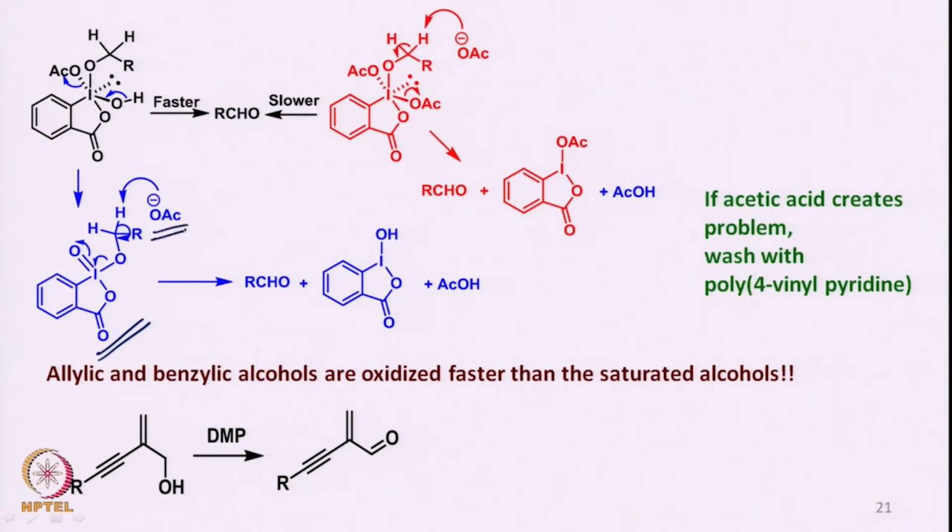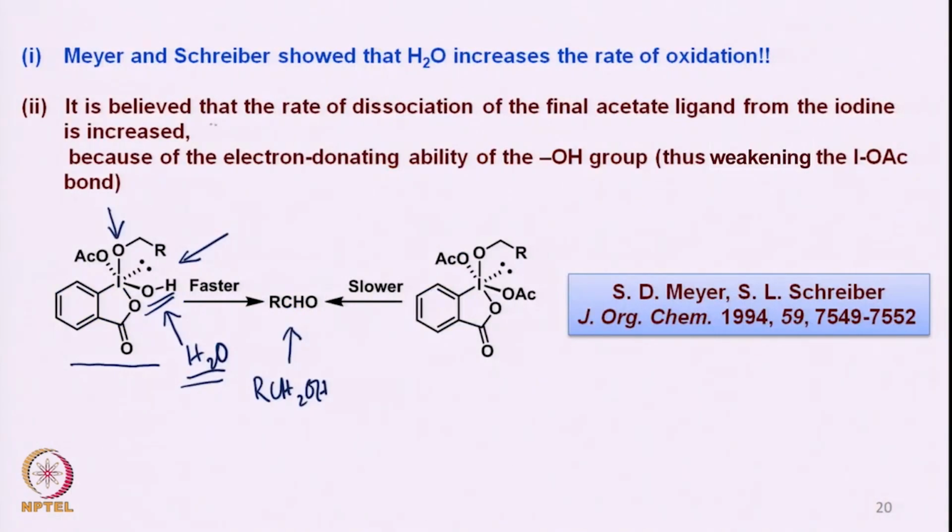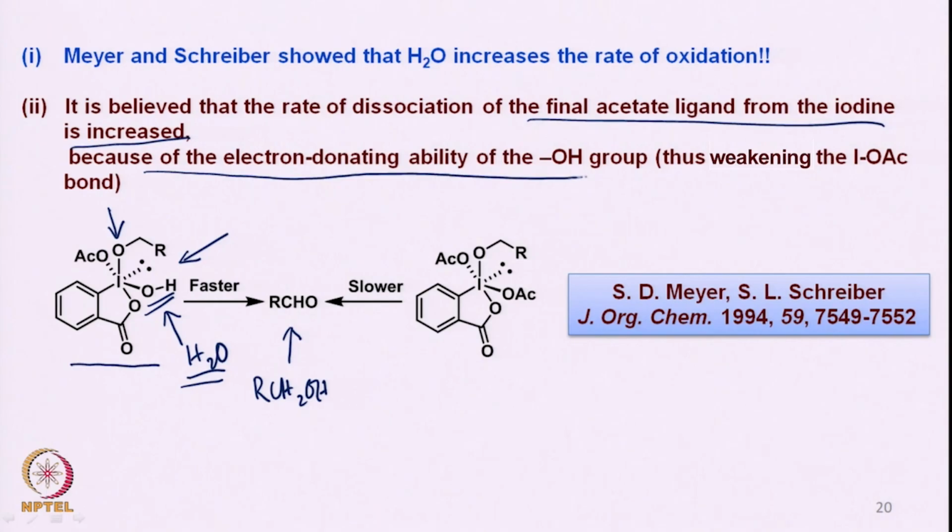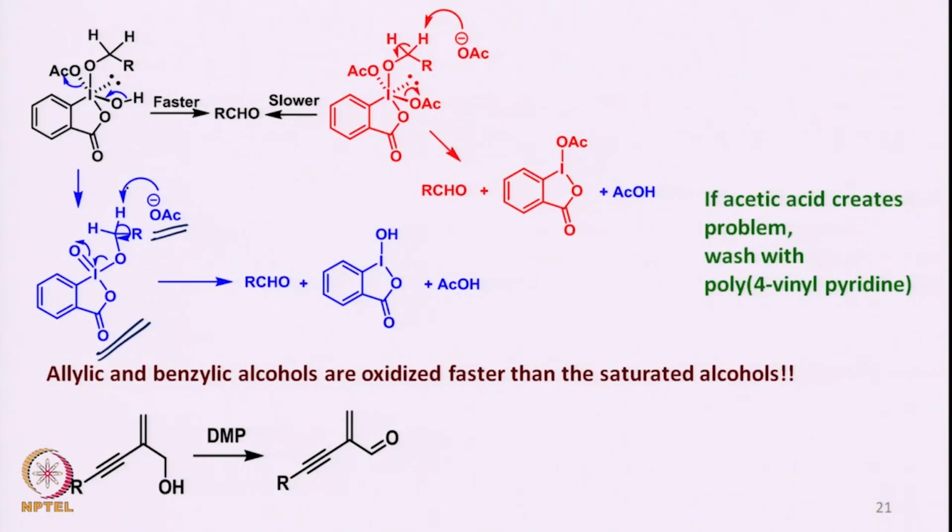So, basically it is believed that the rate of dissociation of the final acetate ligand from the iodine is increased because of the electron donating ability of the OH group, thus weakening the I-acetate bond. So, that means this particular movement of electrons from the OH group kicks out the acetate.